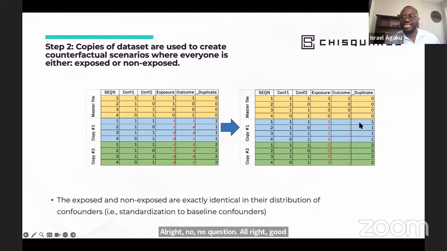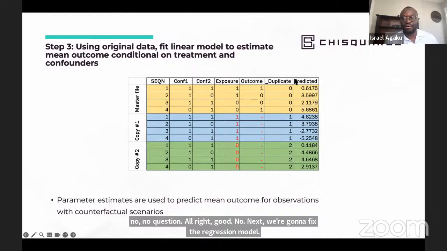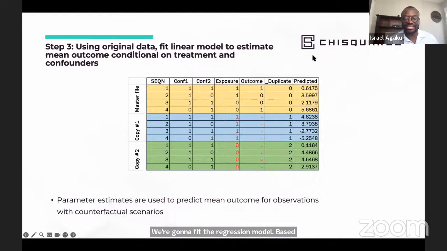Now, next, we're going to fit the regression model based on the whole data set. One of the things you should know is that when you fit a data set that has missing values on any of the covariates used in the model, the regression model does what we call list-wise deletion.